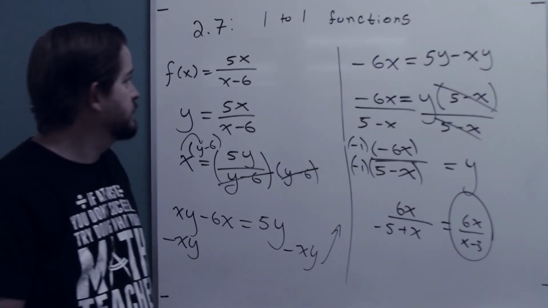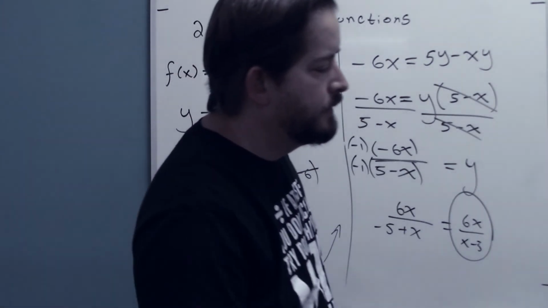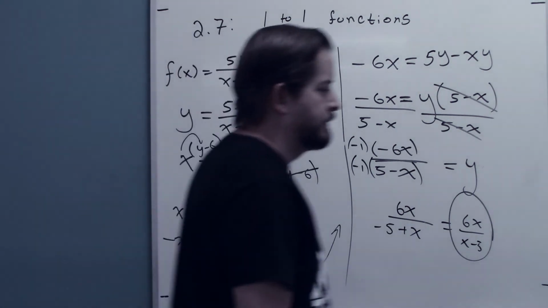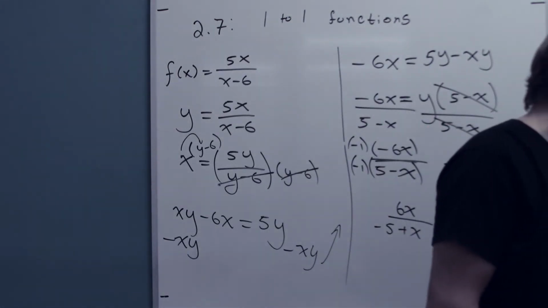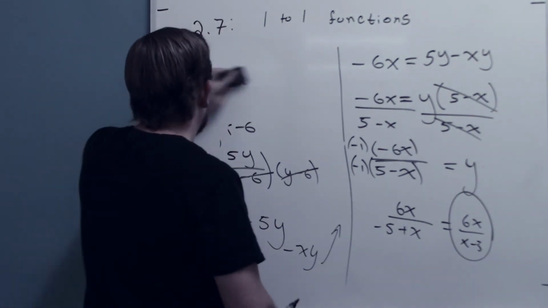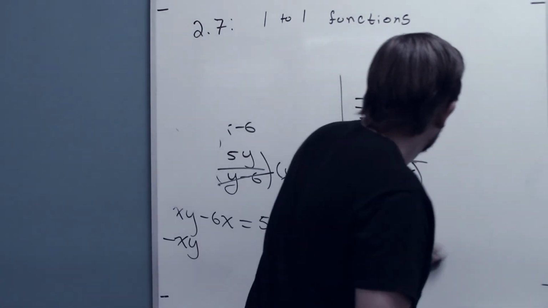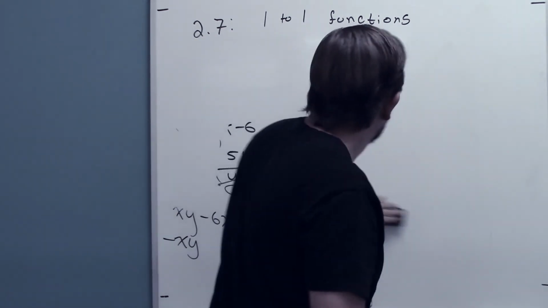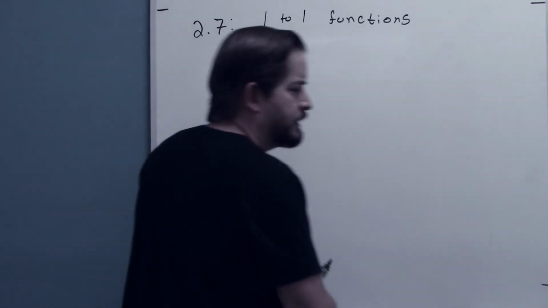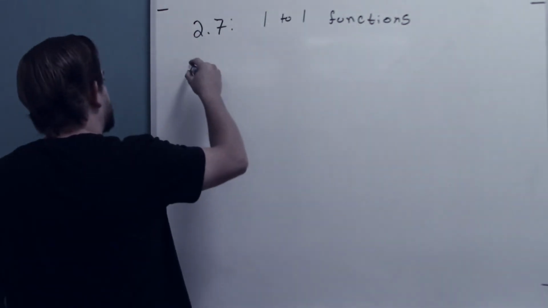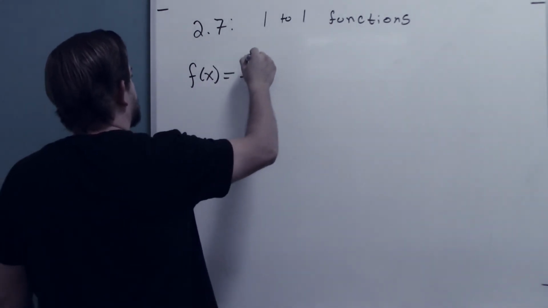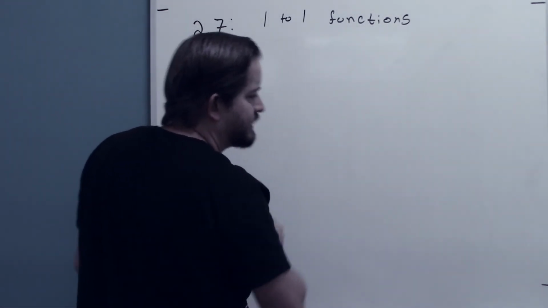All right, let's look at number 8. All right, number 8, same question, but I have f of x equals the square root of 3 plus 7x.